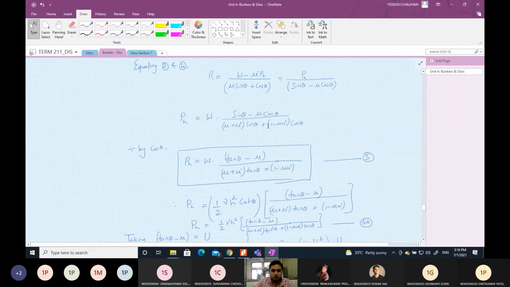Okay, so using the same steps we can derive the same expression here also, pH, but this time the value of W will be different because now we have a wedge A, B, C, D, E.